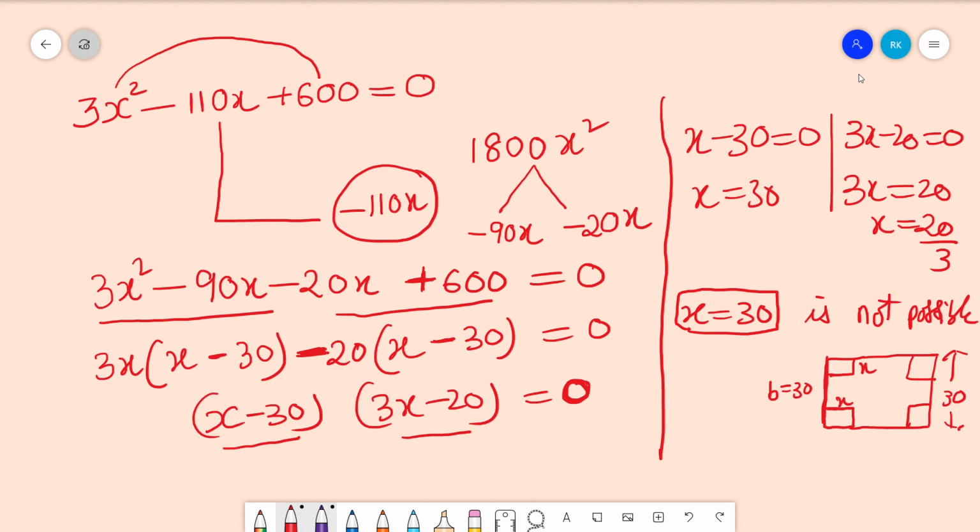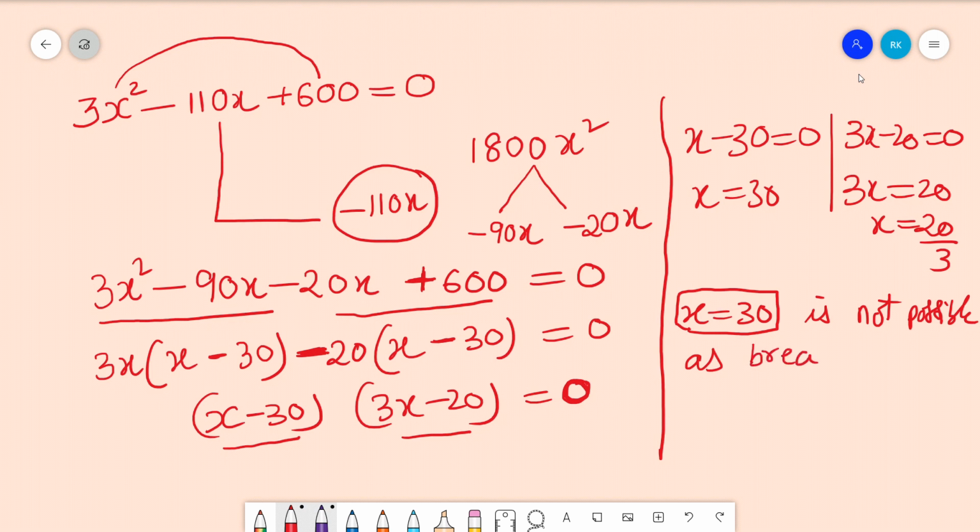So on this basis we conclude that x is equal to 30 is not possible, as breadth itself is 30 centimeter. So the x value is 20 by 3 centimeter.